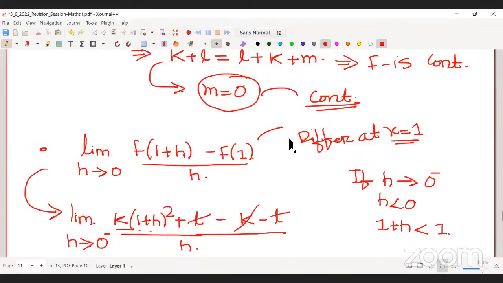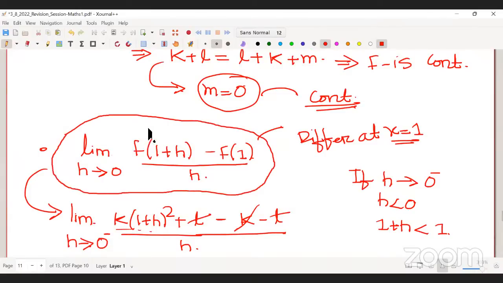When can I say that this function is differentiable? If this limit exists, when the left hand limit and right hand limit are equal. So for that I first have to compute the left hand limit and the right hand limit, then make them equal, right? Is it clear or no?